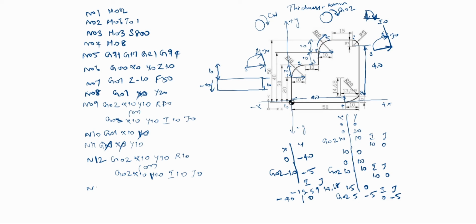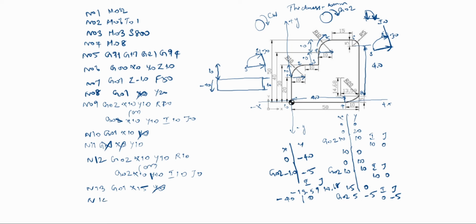N13, G01, X15, Y0. So no need to write Y0. Up to here we finished. This way. This is, you see here, G02, X5, Y minus 5, I0, J minus 5, or R is 5.